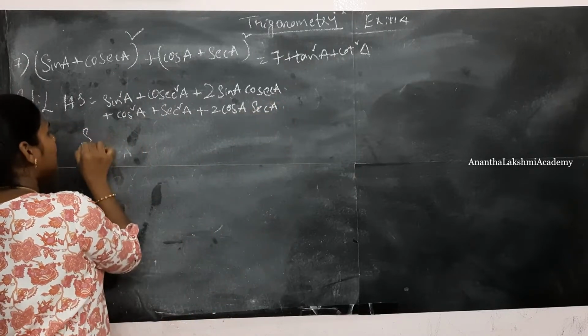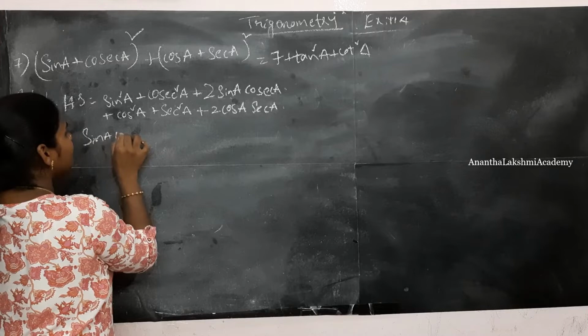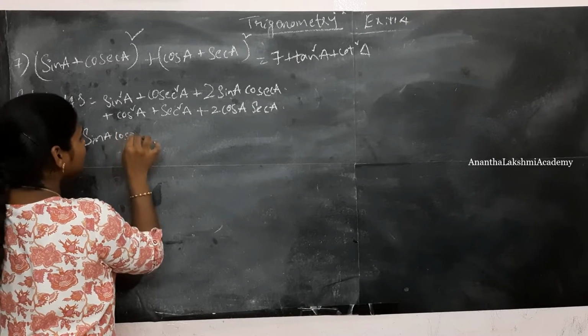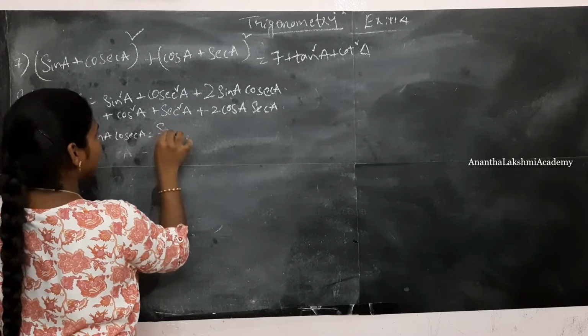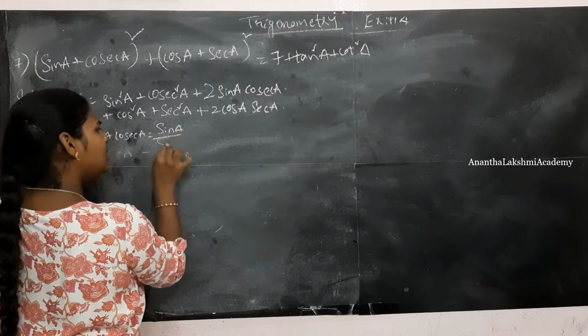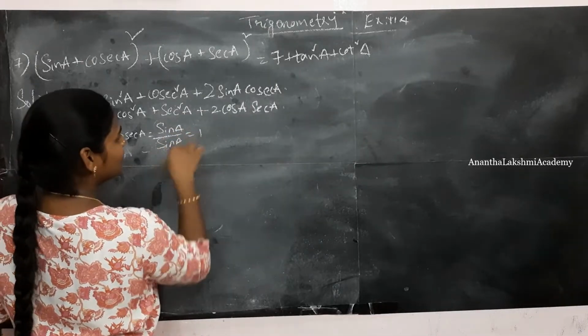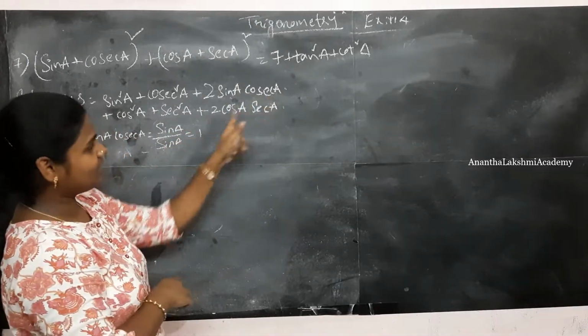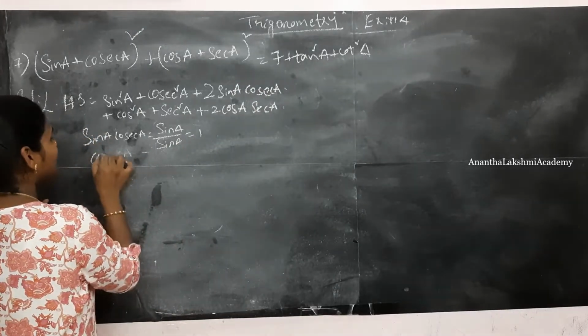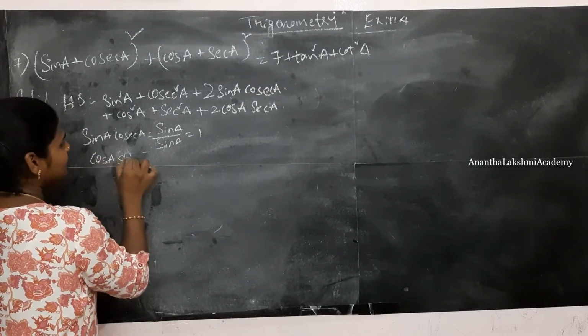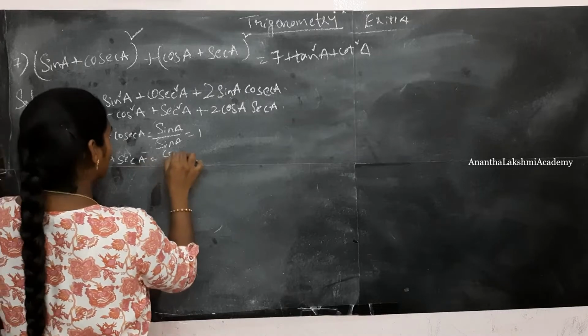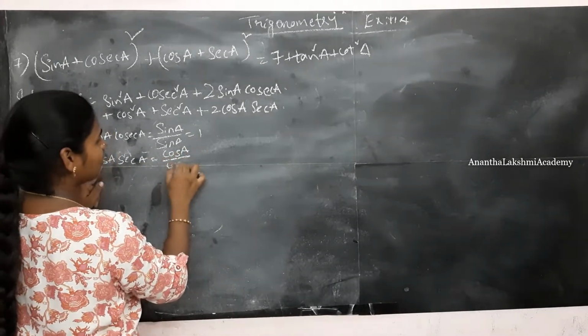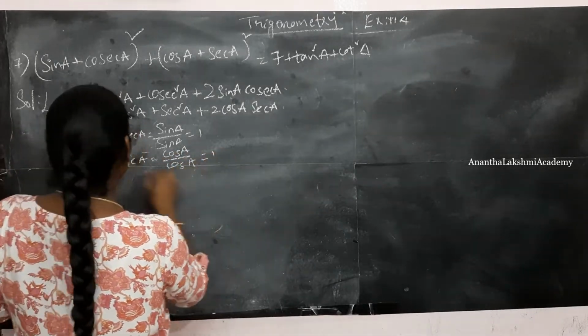So here sin A cosecant A is nothing but sin A by sin A, which is 1. Alright, sin A cosecant A is 1. In the same way, cos A secant A is nothing but cos A times 1 by cos, which is also 1.